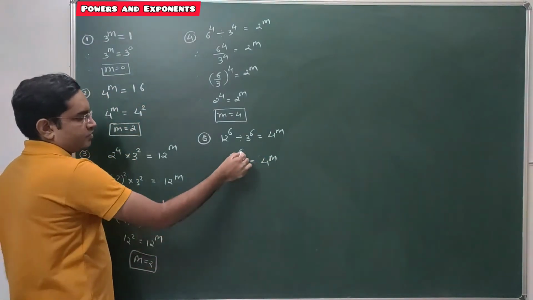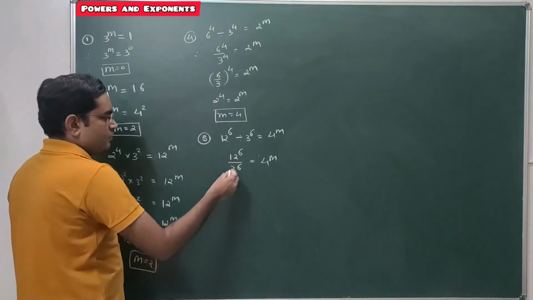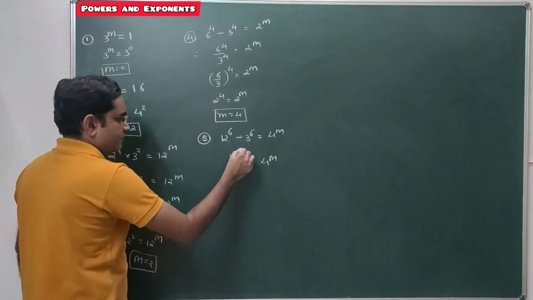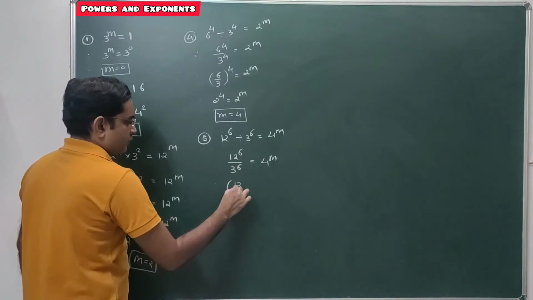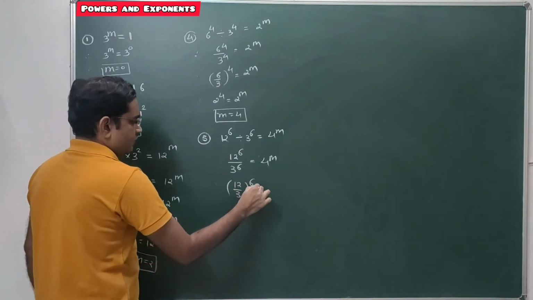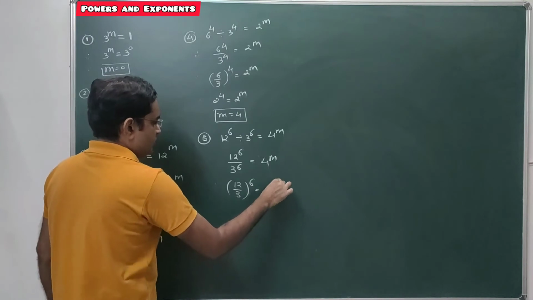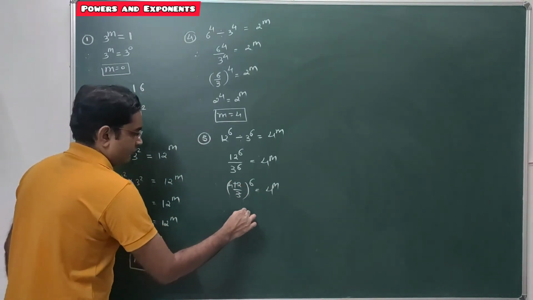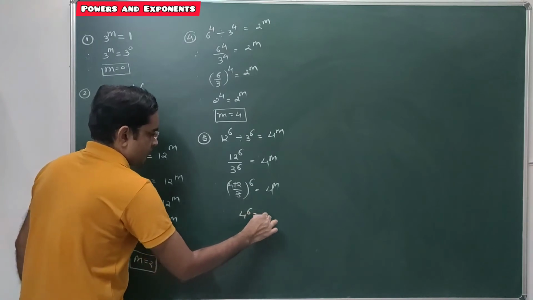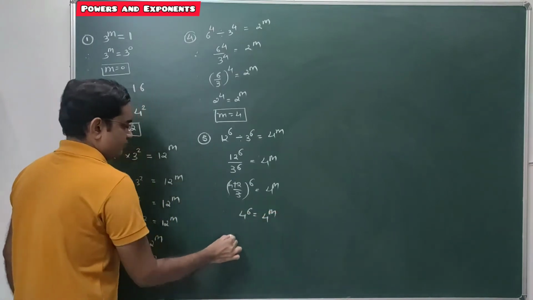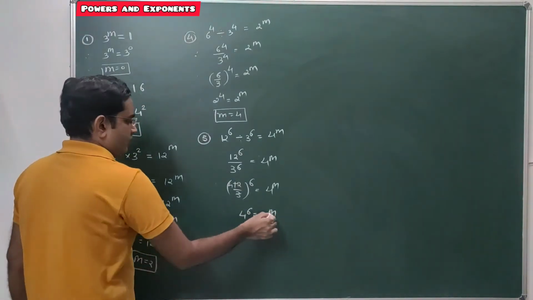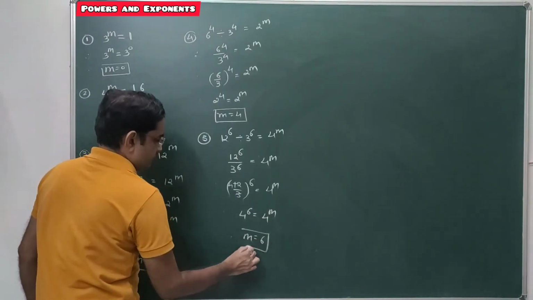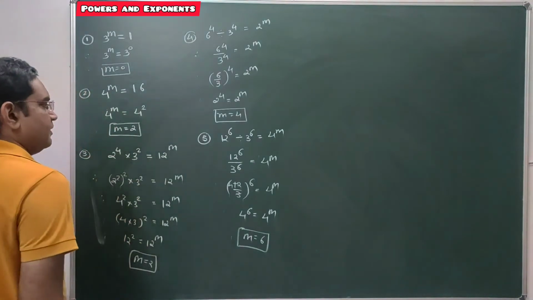So here the powers of both are equal, so we can write this power as common, which is 12 by 3 whole raised to 6 equal to 4 raised to m. 3 4s are 12, and therefore we are getting 4 raised to 6 equal to 4 raised to m. So these two powers are equal, with base equal, so their exponents must be equal. So the answer is m equal to 6.